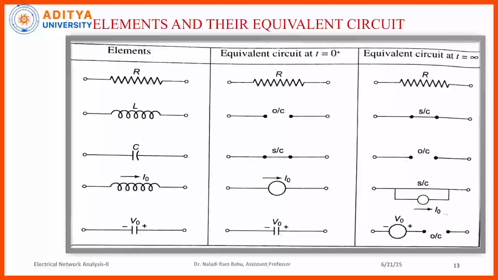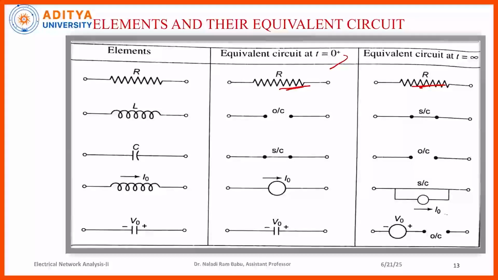Now let us look into the values of RLC in their equivalent form. As I told earlier, at time t equal to 0 plus and t equal to infinity, the resistance will behave as it is.